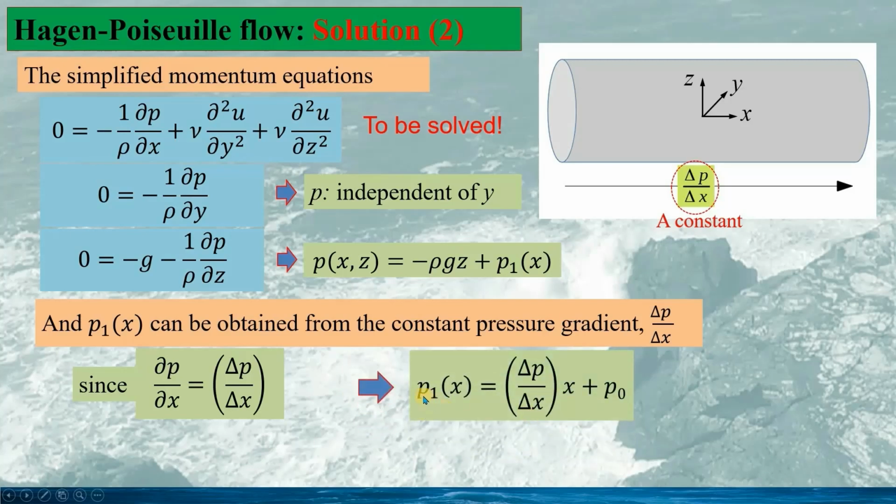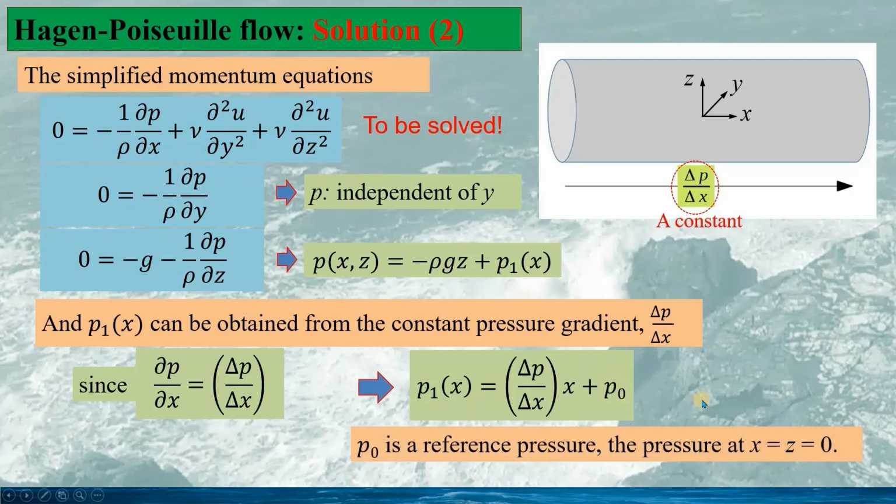Therefore, we can solve P1(x), given as this. Here, P0 is the reference pressure when x and z are both 0.